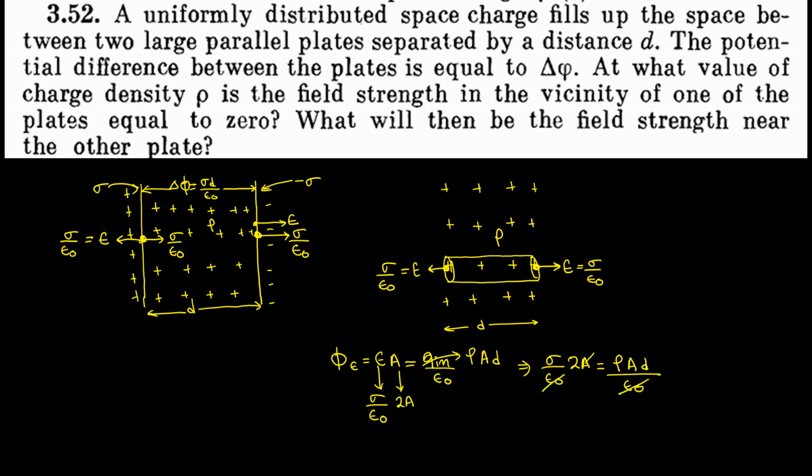Epsilon naught would get cancelled, A and A would get cancelled. So rho is equal to 2 sigma by D. Fair and fine, I have already obtained the answer.